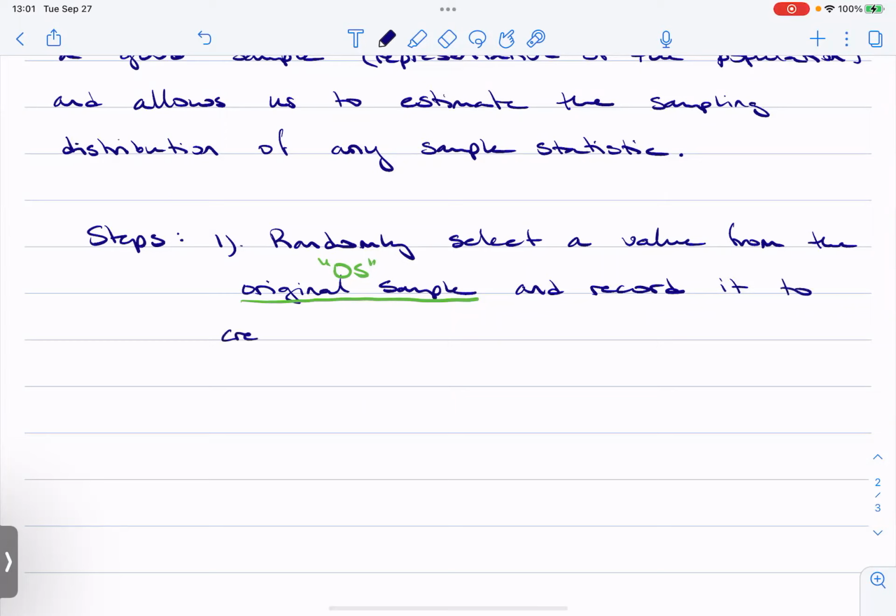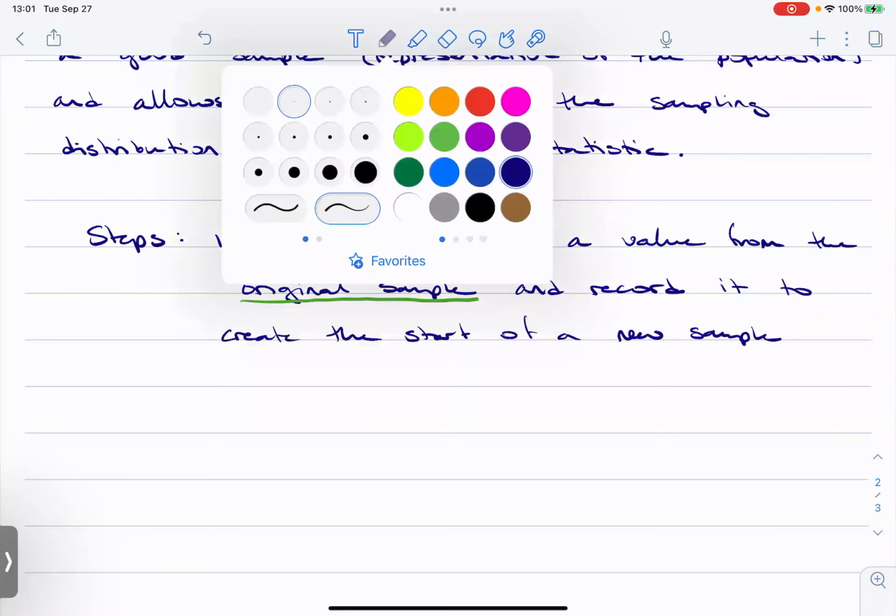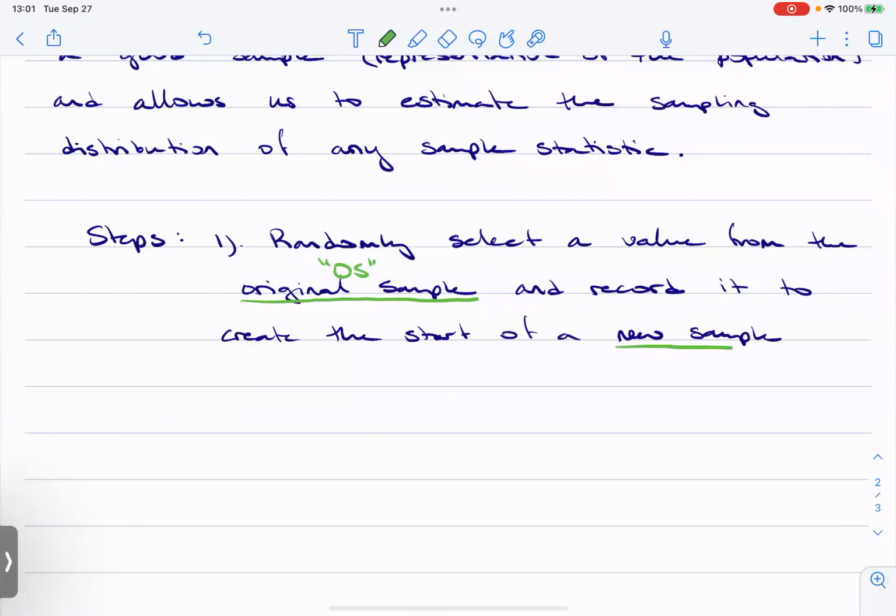To create the start of a new sample, which I'll call NS, new sample. Once you've recorded it, you put it back into the bin.